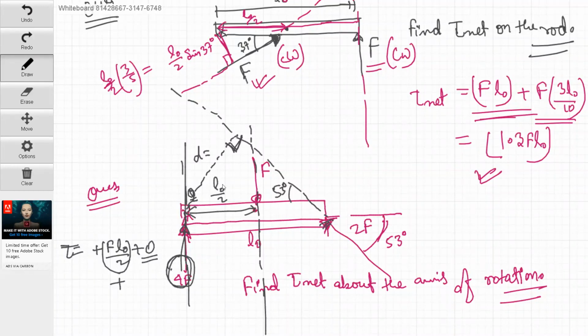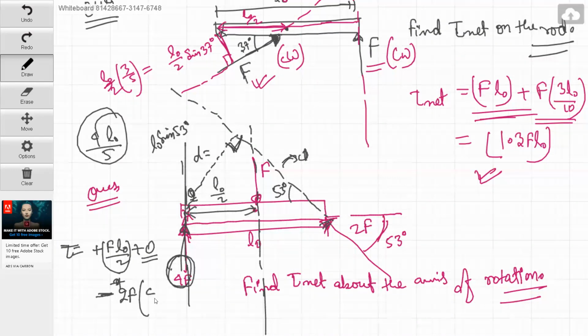And if this is L naught, this length is L naught cos 53, and this distance D is L naught sin 53. Hope you understand. So that will be equal to 4 L naught by 5. Is this okay? So its torque will be in negative direction, equal to twice F into 4 L naught by 5. Hope you understand.